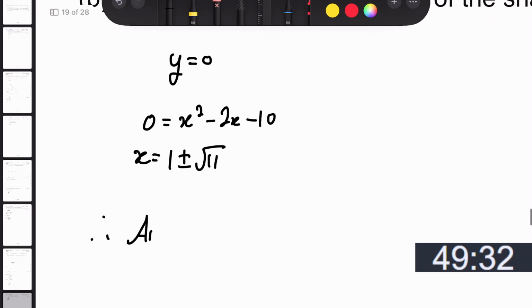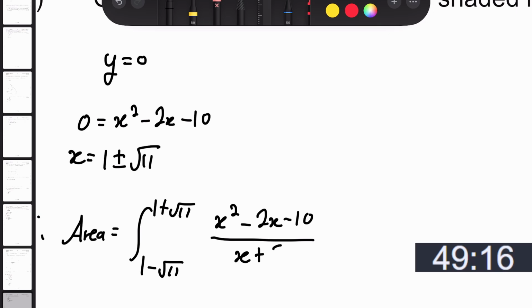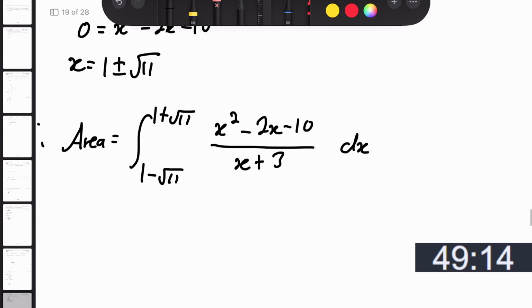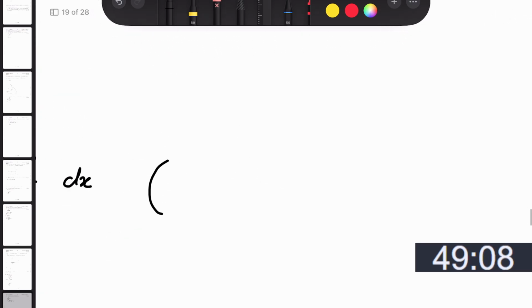And for area, it's equal to the integral from 1 minus square root of 11 to 1 plus square root of 11 of x squared minus 2x minus 10 all on x plus 3 dx. Negative, I'll say this here negative as below axis.